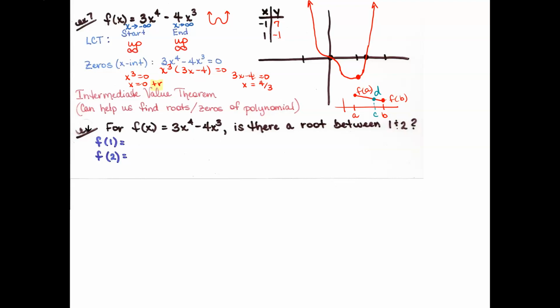So first off, I need to know what my ordered pairs are, because this whole intermediate value theorem talked about 2 x's and 2 y's, right? All I have right now is 2 x's, 1 and 2. So let's go ahead and plug 1 into the function. When I plug 1 into the function, I get 3 minus 4, or negative 1. And when I plug 2 into the function, I get 16.